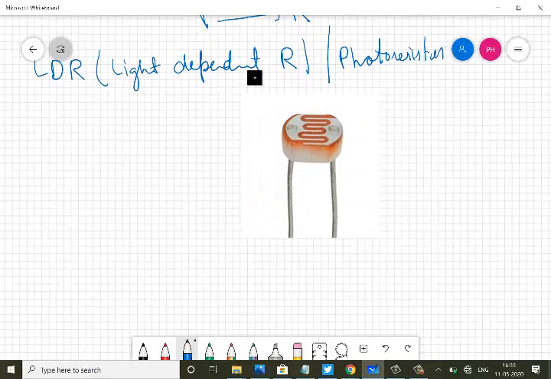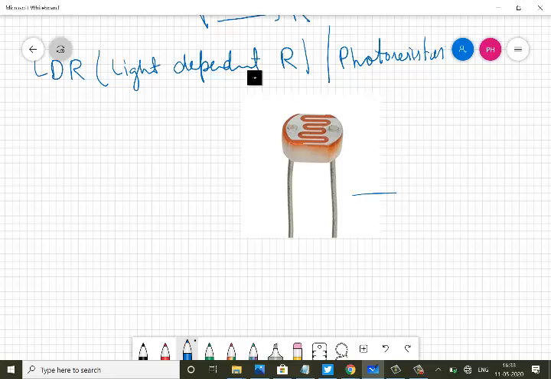This is a photoresistor. What happens? It is also a variable resistor. That is, the resistance between these two legs of an LDR is variable, and this time the resistance changes with the change in the intensity of light. That means the resistance will either increase or decrease depending upon how much light is present, how much ambient light is present.